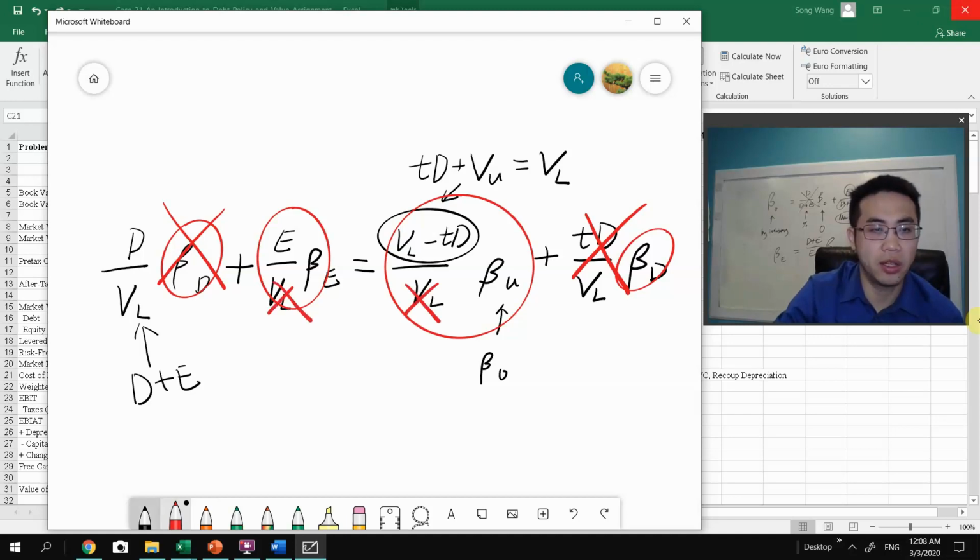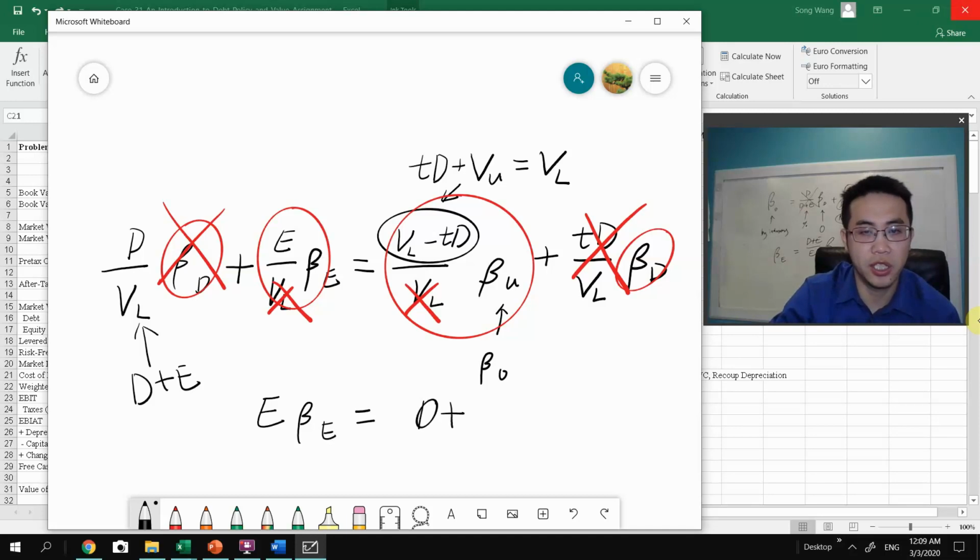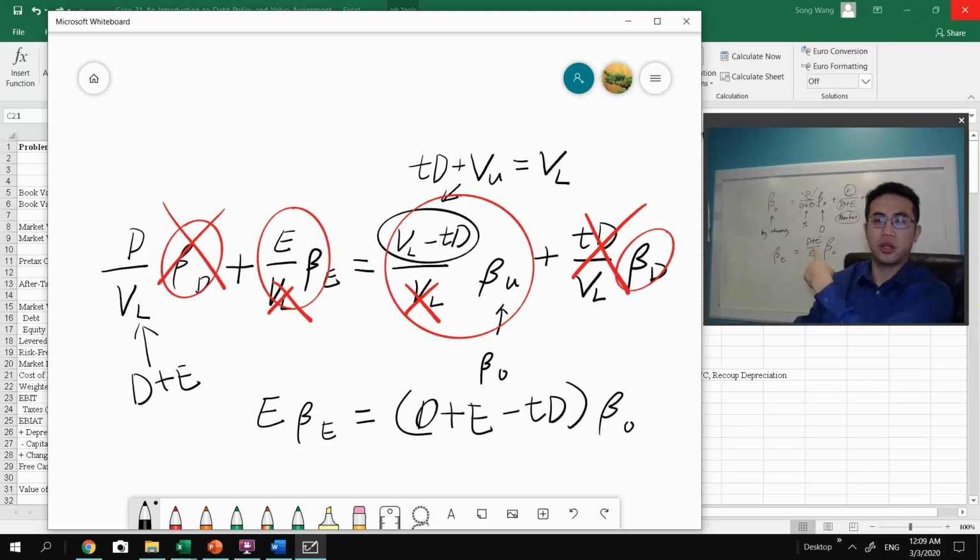So if I rewrite the whole equation, it is the value of equity multiplied by the beta for equity. It equals this value of a levered firm. You can use D plus E minus TD, the whole thing multiplied by the beta for unlevered firm, or the beta 0. I put it on board just to be consistent.